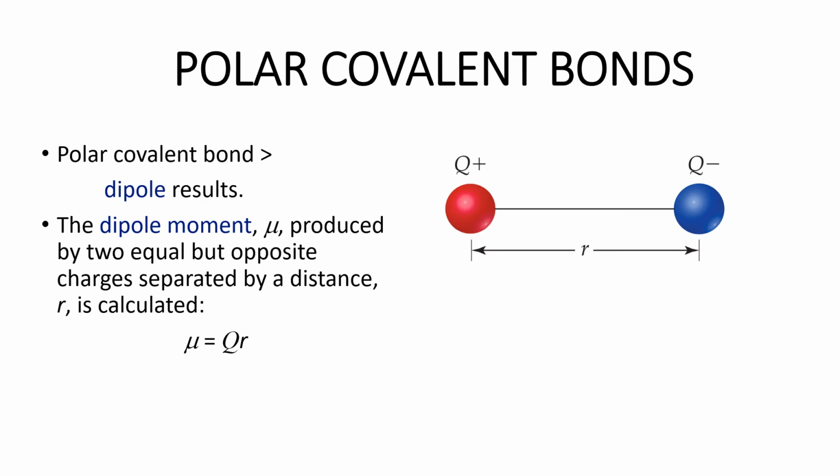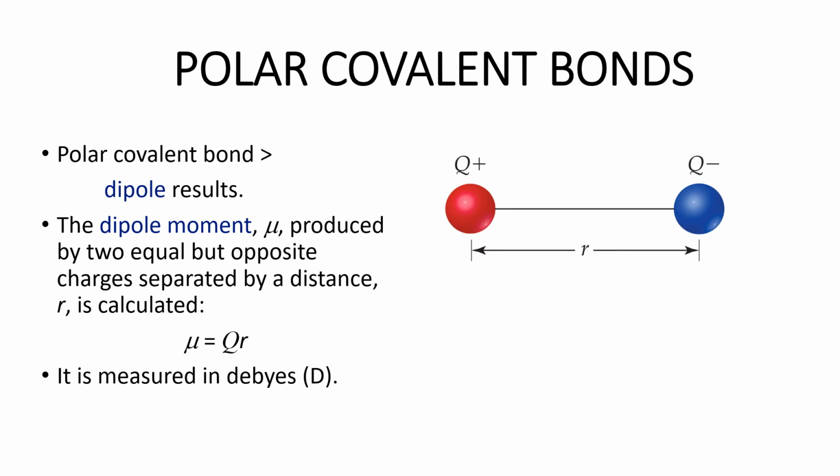This quantitative value represents the polarity of the polar covalent bond. How polar the bond is can be represented by this dipole moment value, and it is measured in debye.